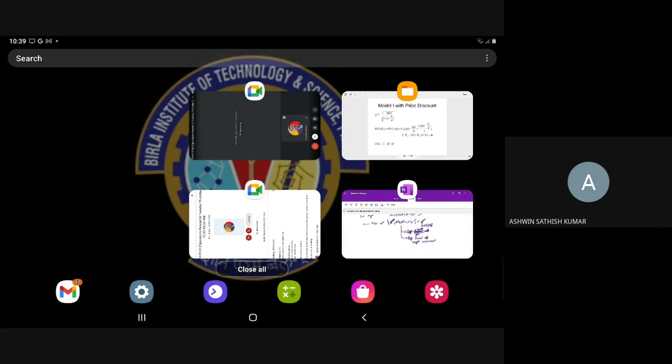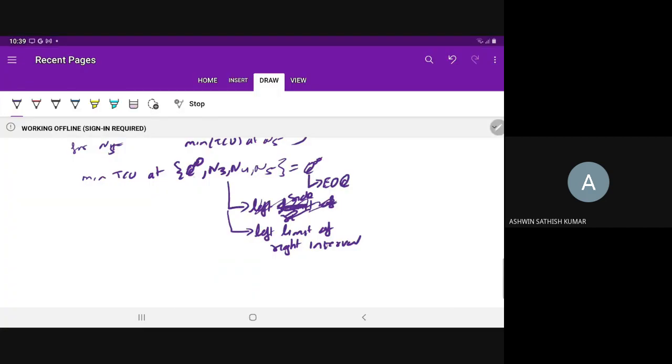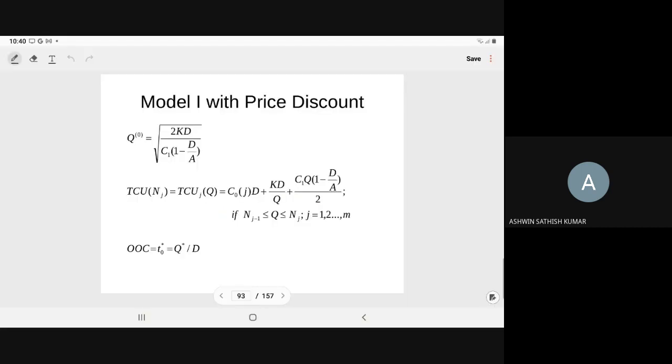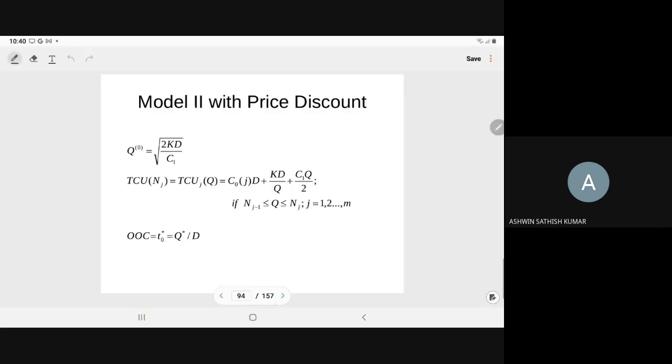It means Q star is any point among Q naught, N3, N4, N5, or Q naught or the left limit of the right interval where TCU is minimum. So in this way, we can compute the economic order quantity and the minimum TCU.